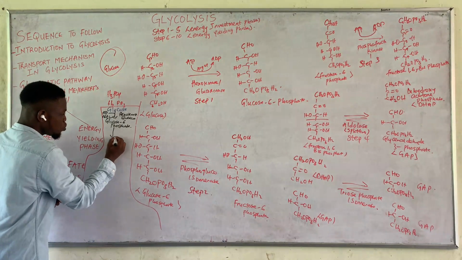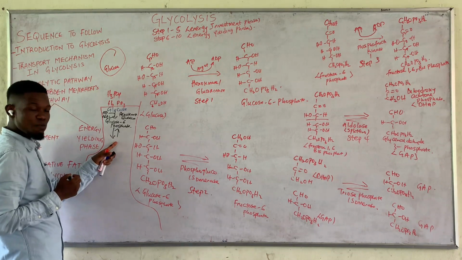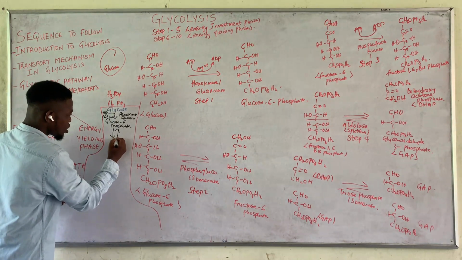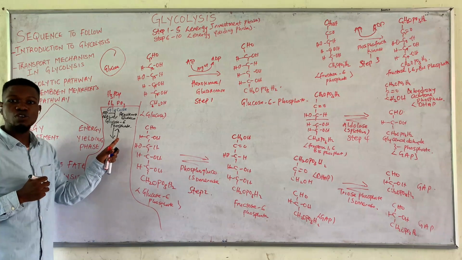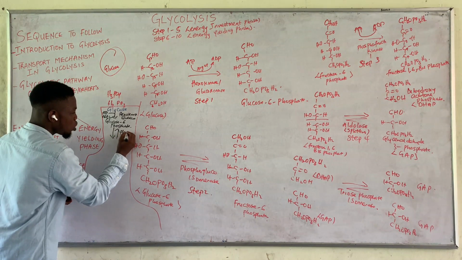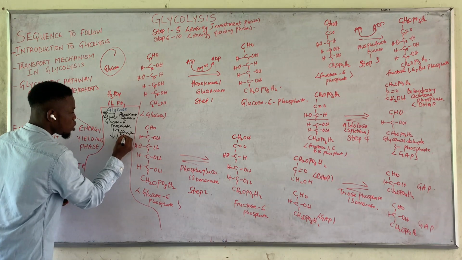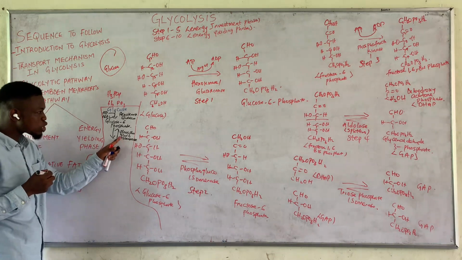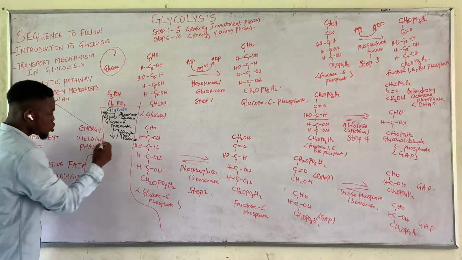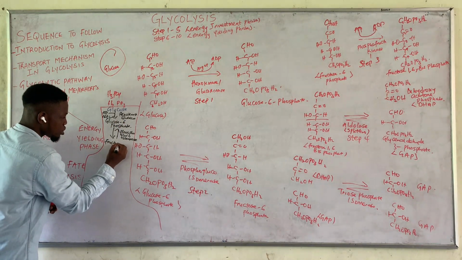Now in step 2, which is reversible, which enzyme acts upon it? That is the step 2 enzyme of glycolysis, that is the phosphoglucose isomerase. You get? So the phosphoglucose isomerase will convert glucose 6-phosphate to what? To fructose 6-phosphate.